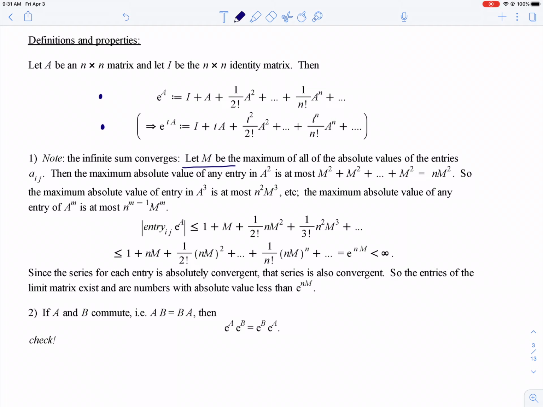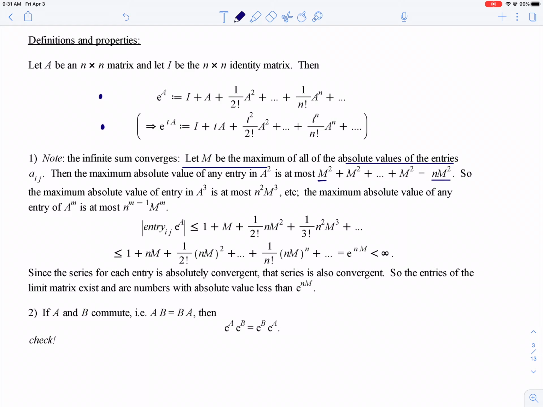So let M be the largest absolute value of all the entries in the matrix. Then when you do A squared, it's a row of A dot a column of A, and the largest absolute value for each one of those individual products is M squared, and you have n of them.